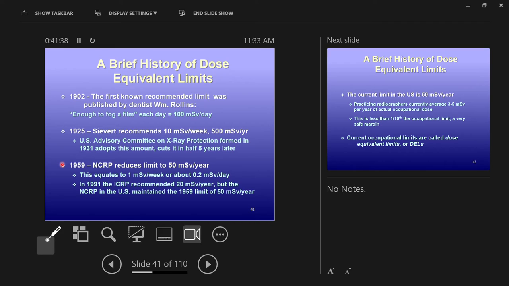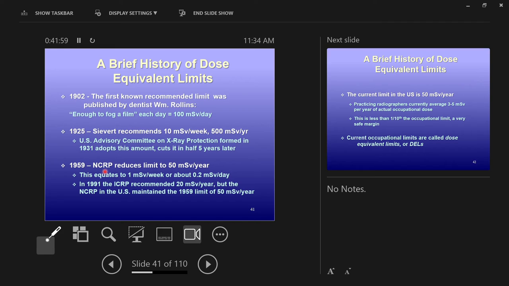We have now had plenty of time to get data from the Hiroshima and Nagasaki events. We've had plenty of time to get data from all around medicine and reduce these limits further, okay? This is done by the National Council on Radiation Protection and Measurements, or the NCRP.